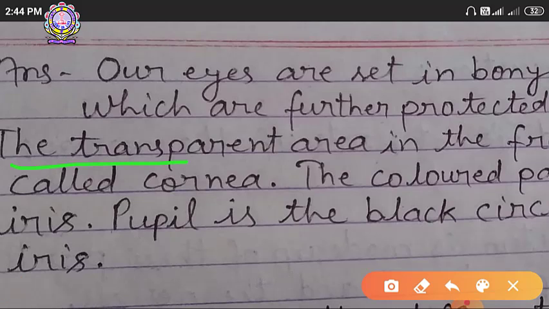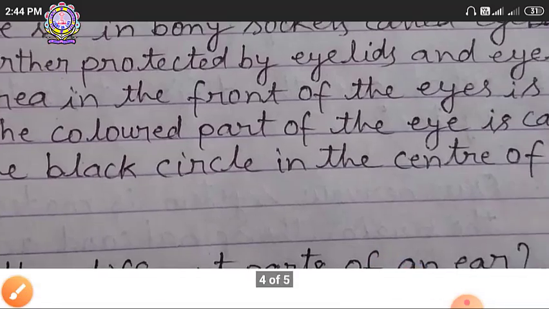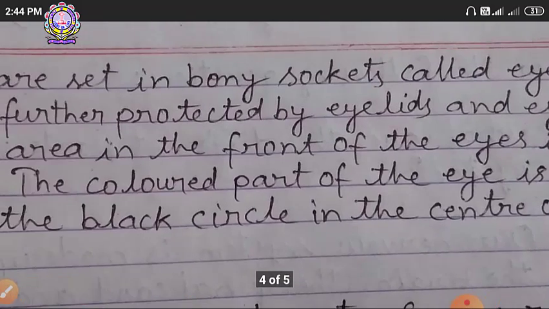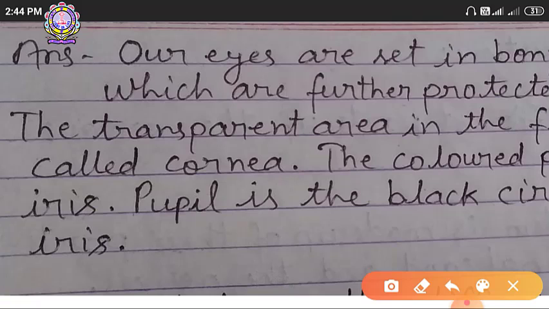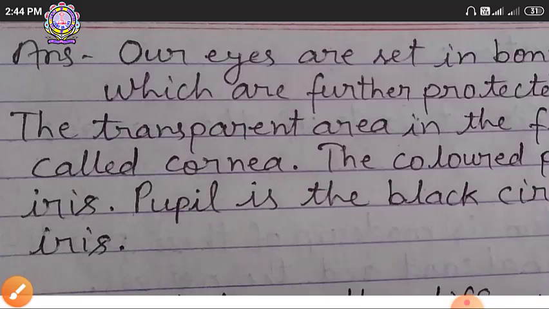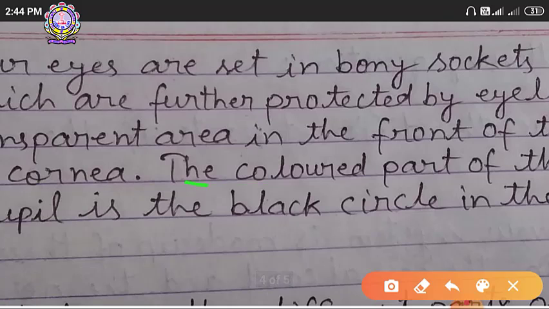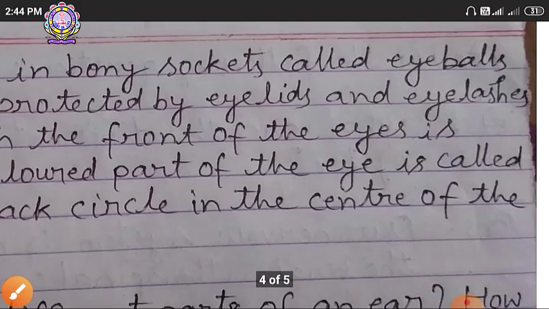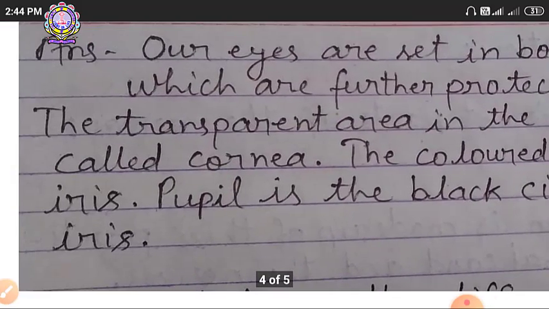The transparent area in the front of the eye is called cornea. So this is another part of your eye, cornea. The colored part of the eye is called iris.